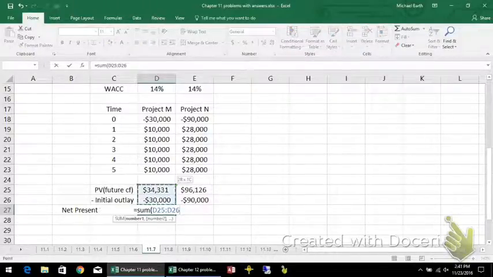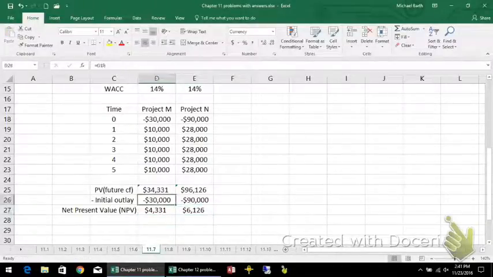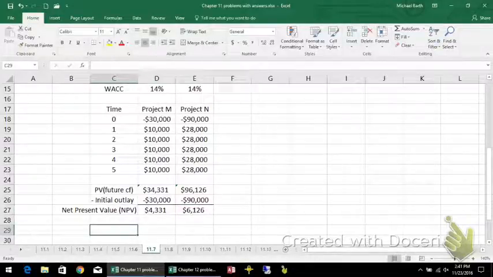So 34,331 minus 30,000 gives me a net present value for project M of 4,331, and for project N it's 6,000. All right, so project N earns more money than project M.